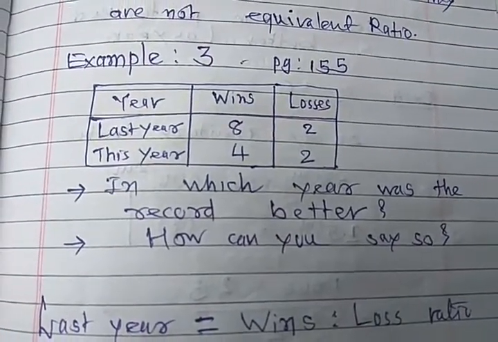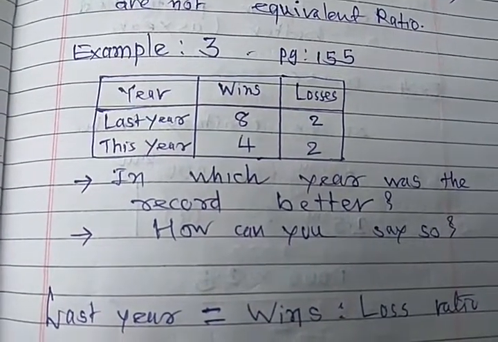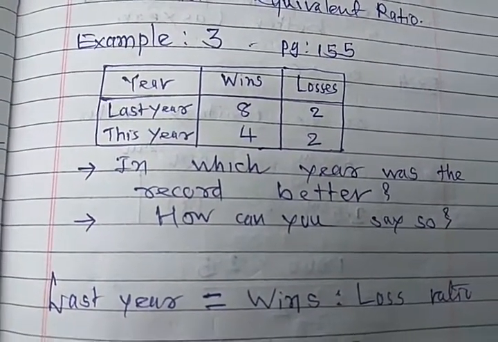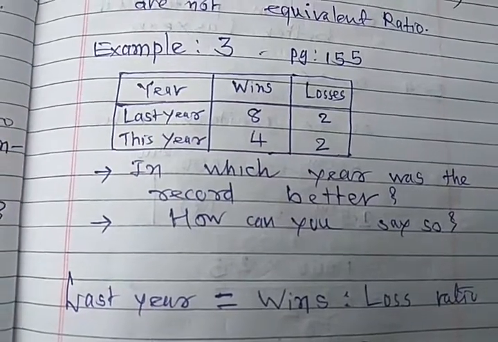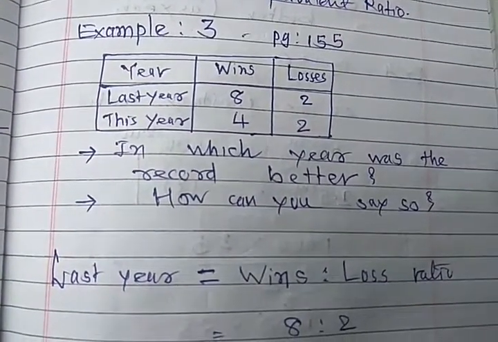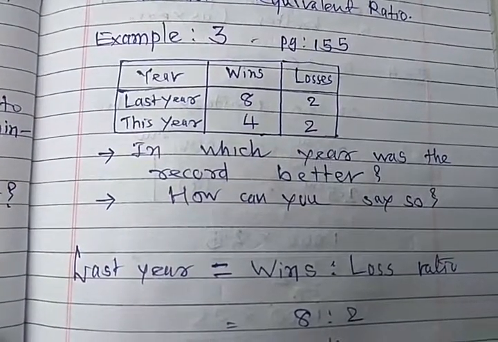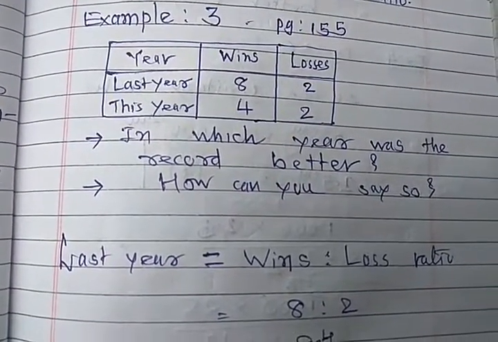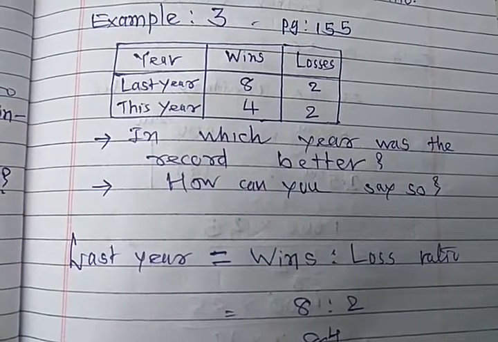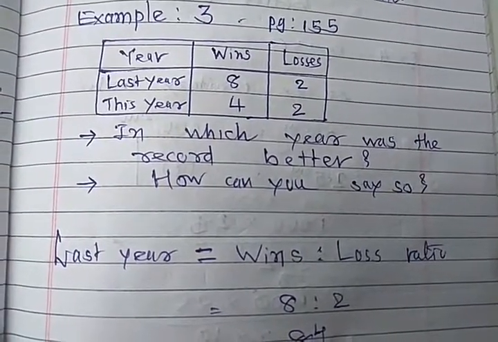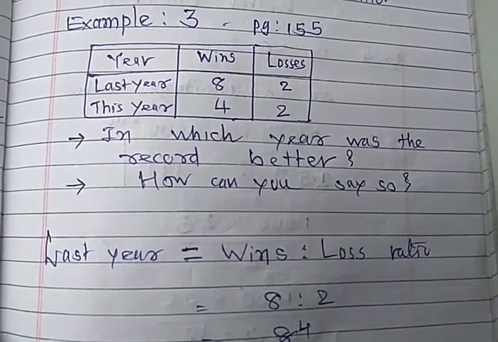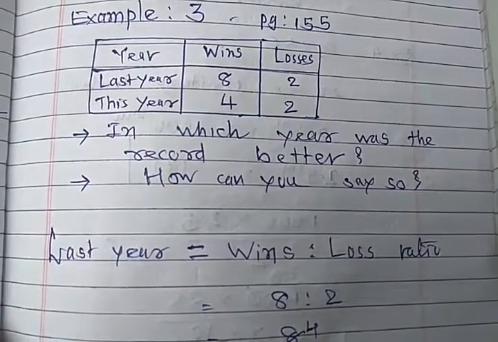Let's move to example number 3, page number 155. Here in example number 3, students please open your NCERT textbook. Now you see, here we are going to find out in which year the record was better, and another question, how can you say so?